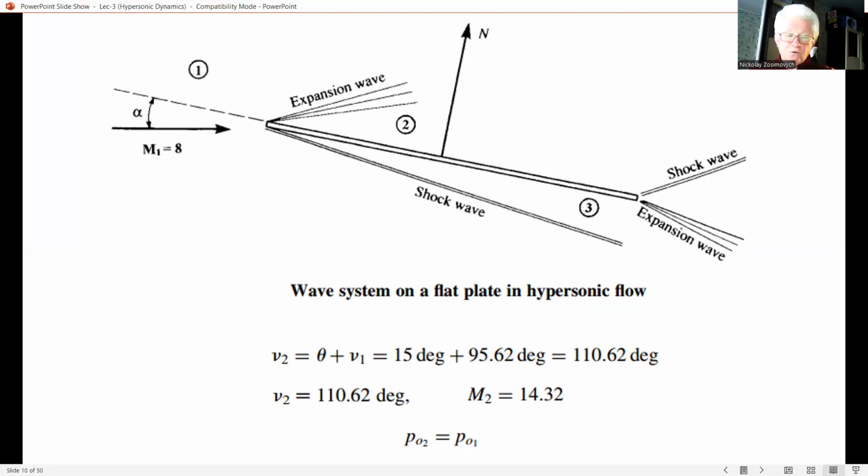The flow through the expansion wave is isentropic, and hence the total pressure is constant through the wave. At each point, we have the same. Next, let p0 denote the total pressure. Because the total pressure is constant, we may write p0,2 must equal p0,1. And we can write the static pressure ratio across the expansion wave.